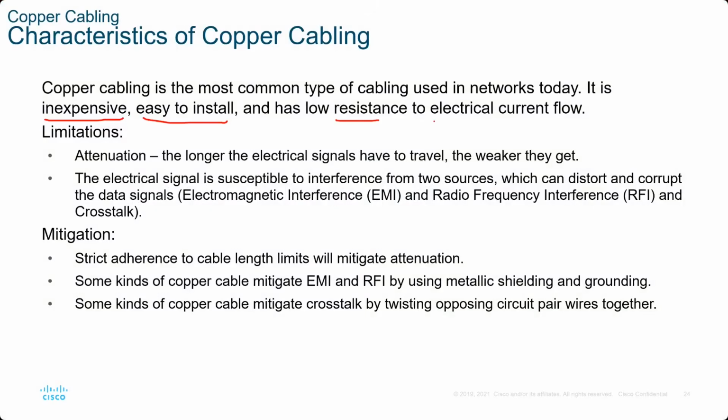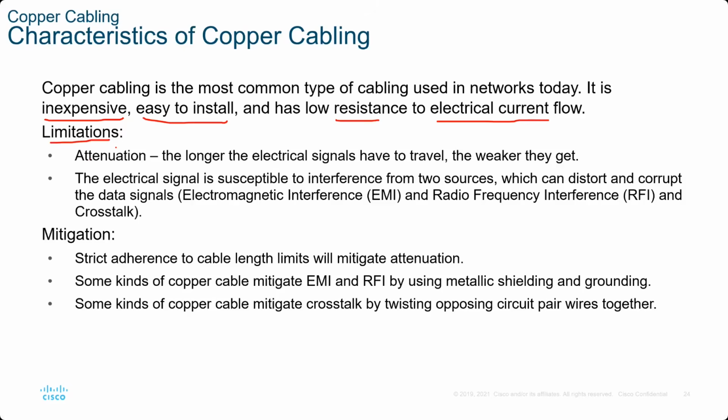And it has low resistance to electric current flow, meaning that when you're using low power to send these signals, because it's not resisting that signal, it can go a longer distance with a very small power input.